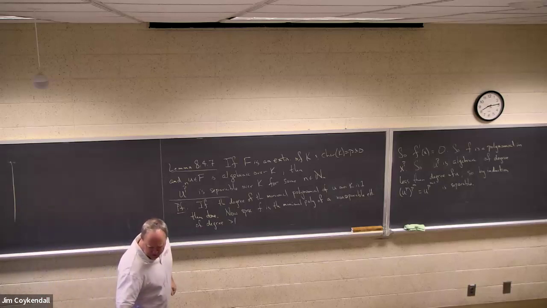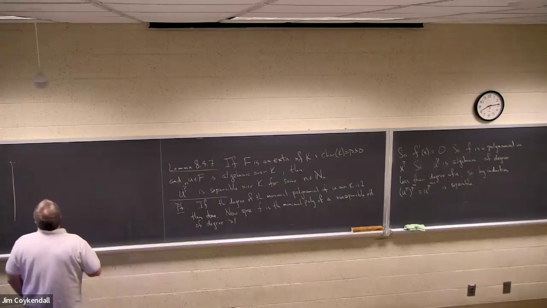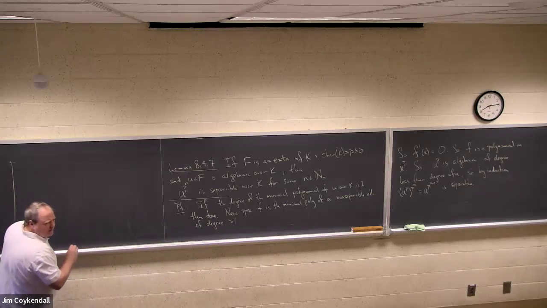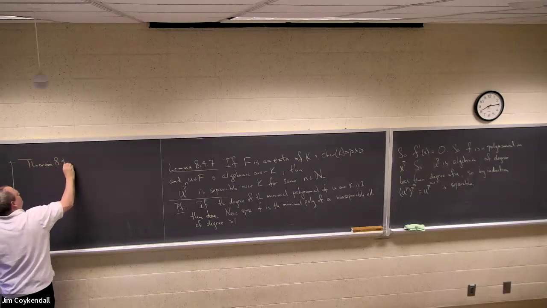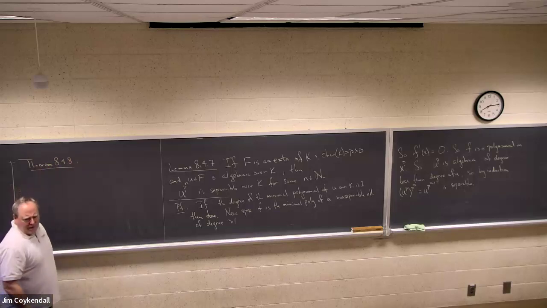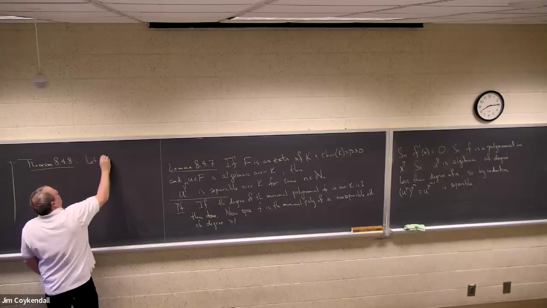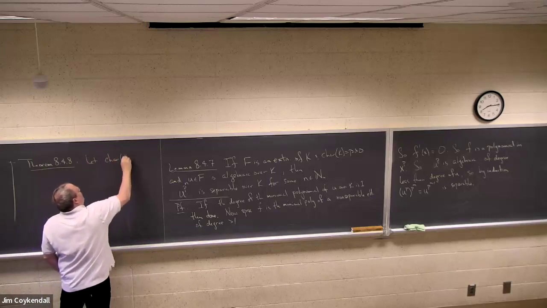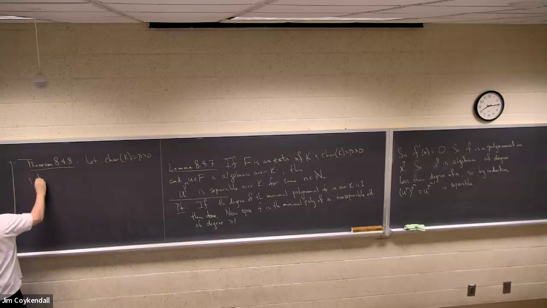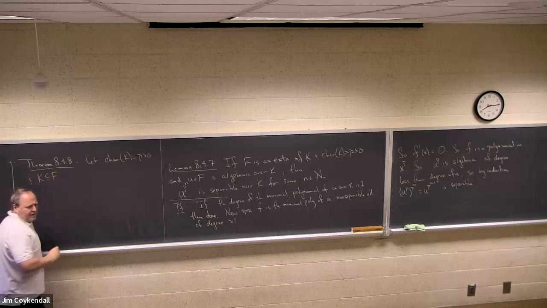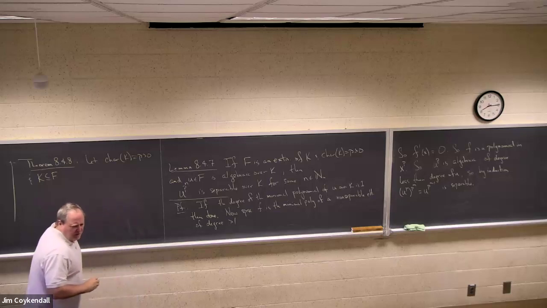So let me give you some equivalent conditions here. Suppose you have an extension field F of K, with characteristic of K equal to p bigger than 0, and F algebraic over K. That's implicit in all these.